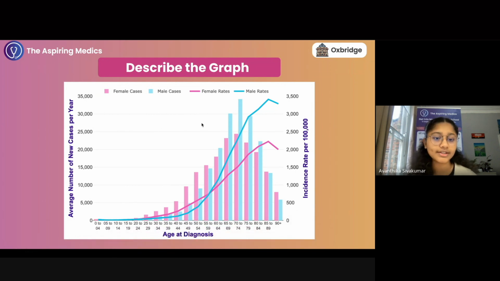In general, for both, the incidence rate is increasing throughout the lifetime. Specifically, for females, the incidence rate seems to be higher than males from around 0 to 55 years old. Beyond that, the incidence rate is higher for males than for females.